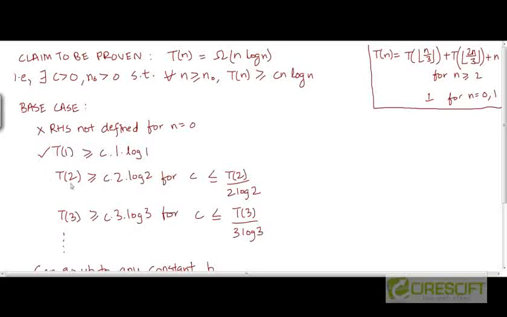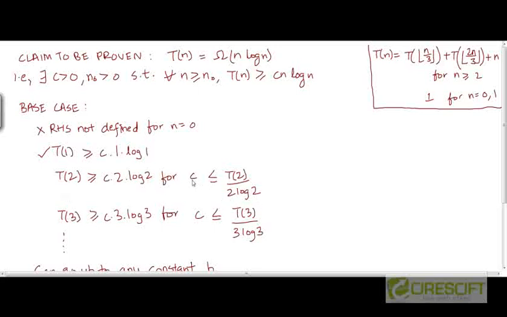What about n equal to 2? Is t of 2 greater than or equal to c times 2 times log of 2? We can calculate what t of 2 is by using this recurrence. I won't do that here because the exact value of t of 2 doesn't matter as long as we know that it's going to be some positive constant. This inequality will hold at n equal to 2, provided that c is less than or equal to t of 2 divided by 2 log 2.